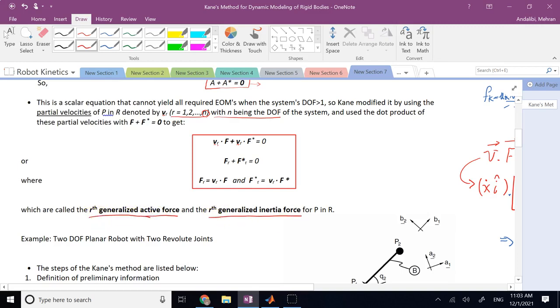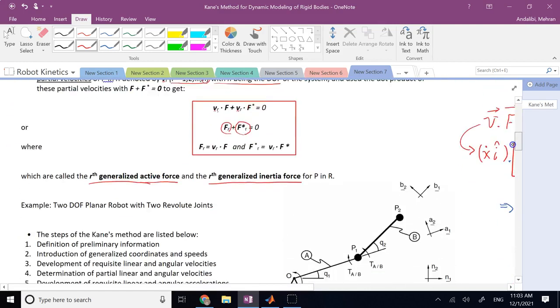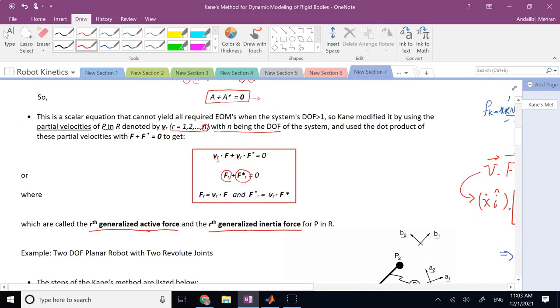Why active force? So it seems like this FR and FR star are now of type force instead of type power that they used to be up there. Why? We'll see, because the definition of VR is actually not real velocity. It's just kind of like a direction of velocity. It does not have the units of, let's say, meters per second.